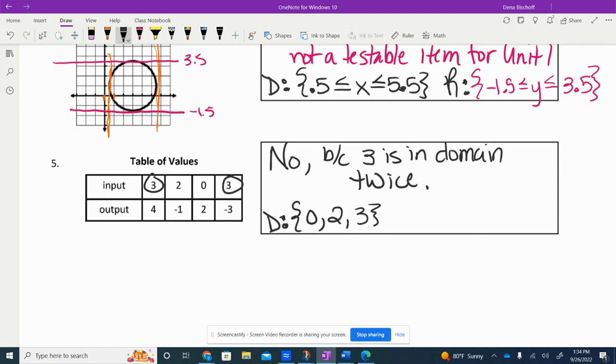Good job. Perfect. What about my range values? Edward, do you think you can tell me the range values in order from smallest to largest? There's one smaller than negative 1. Awesome. 2 and 4. Awesome. Negative 3, negative 1, 2, and 4.